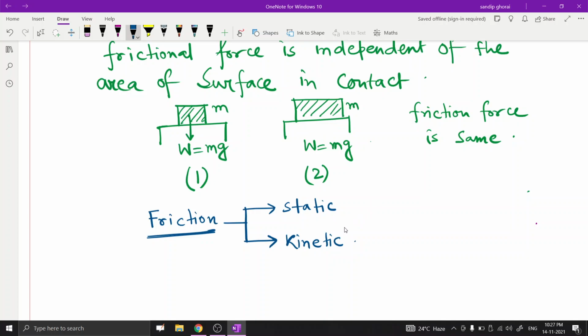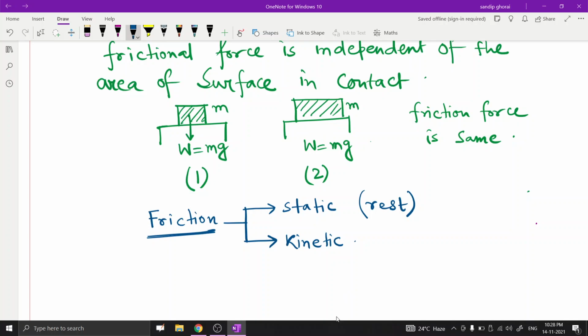What do you mean by static friction? Static friction is the force of friction acting between two objects where the body is in rest condition.